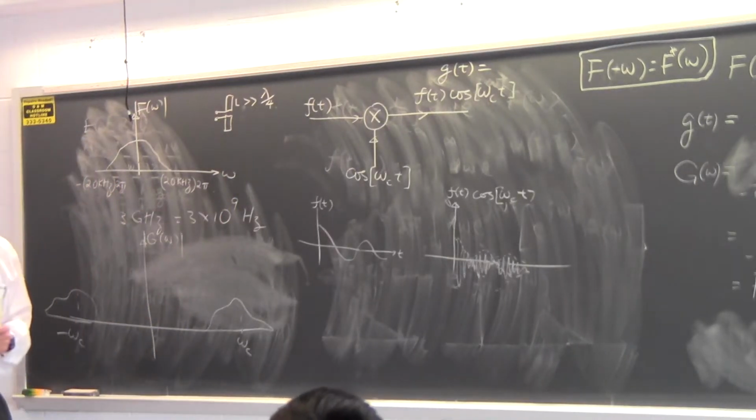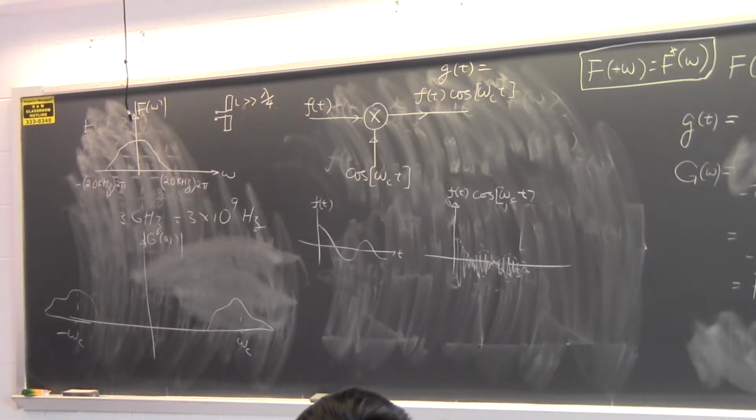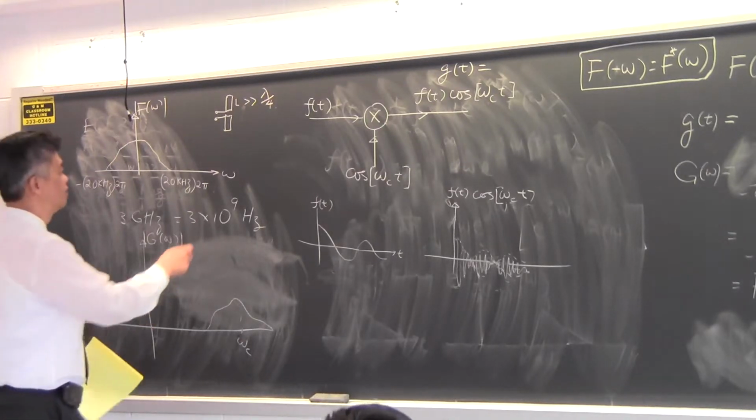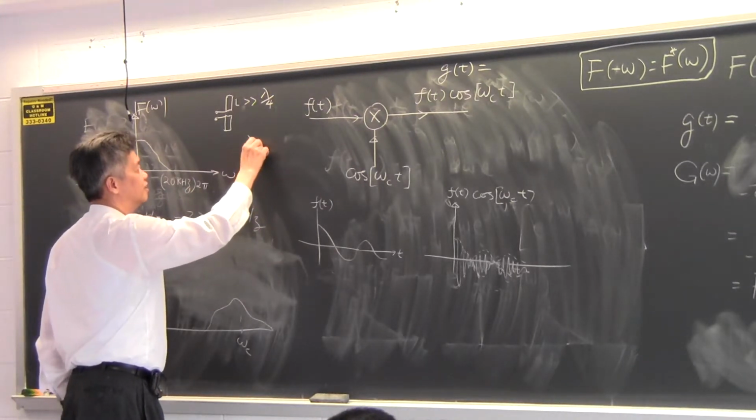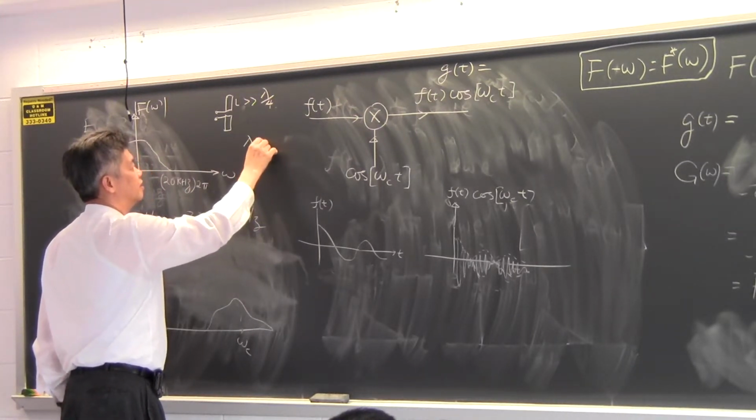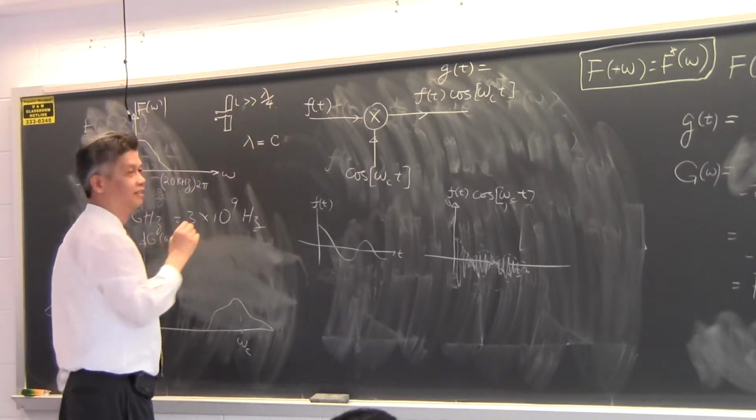And what is the wavelength given by for an electromagnetic wave? Lambda equals velocity divided by something. What is the formula for lambda?